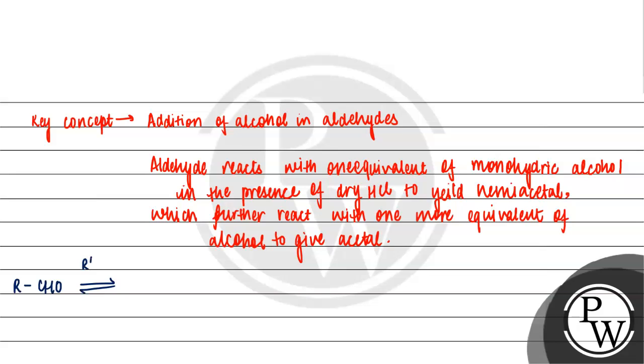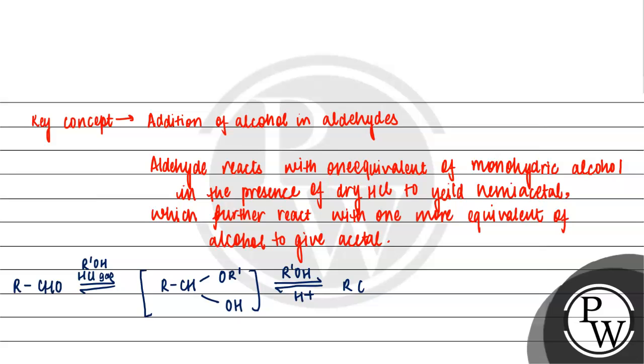This is reacting with one equivalent of alcohol in the presence of dry HCl gas to give an intermediate which is known as the alkoxy alcohol, जिसका स्ट्रक्चर कुछ ऐसा होगा RCH OR dash OH. This is our hemiacetal.